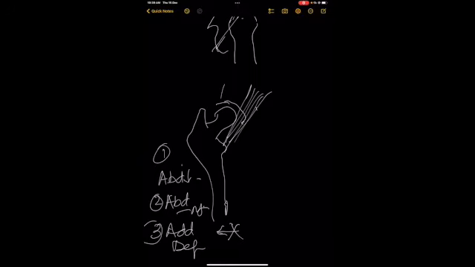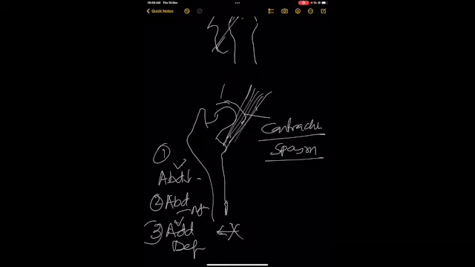So you must understand that less abduction is the same thing as adduction deformity. Now, one reason why the movement is limited is contracture or spasm. Now, this contracture and spasm will limit movement in one direction only.